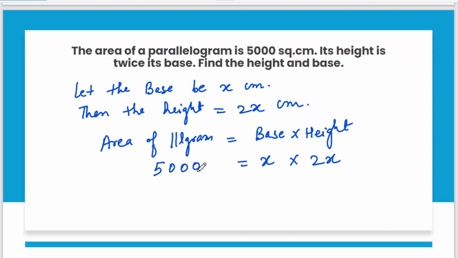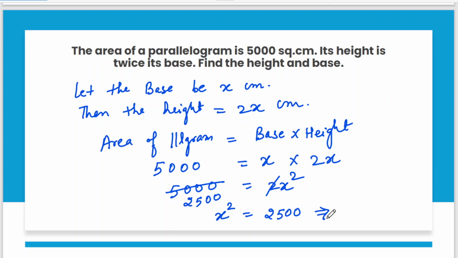Okay. Now, so 5000 equal to 2x square. So if you cancel out, you will get 2500. So x square equal to 2500. So from here we can find x equal to under root 2500 and it will give us 50.